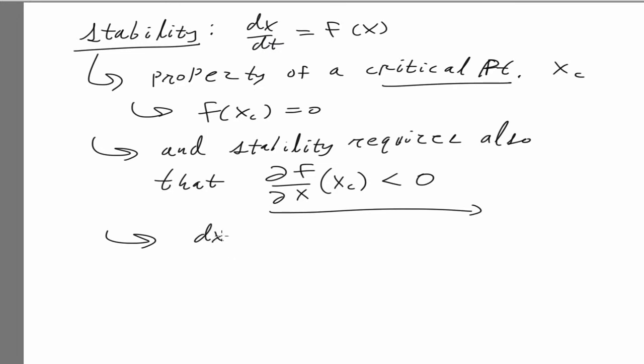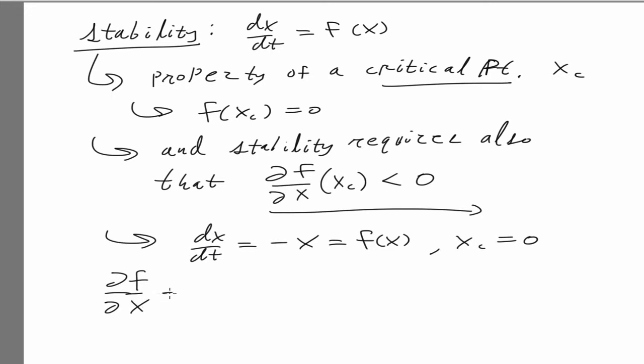Again, I can have dx dt is equal to negative x. So here's an example where that is f of x. Clearly, xc in this case is 0, and the partial derivative with respect to x is equal to negative 1. And that, of course, is less than 0.